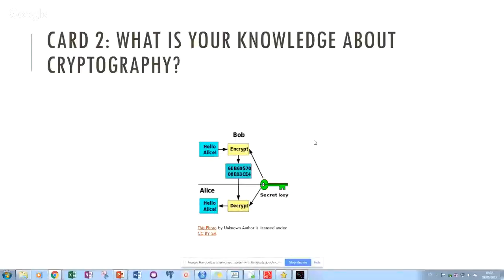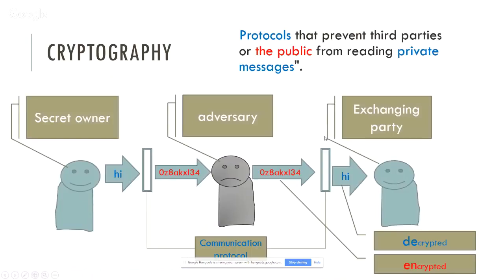Okay, let's move on with this little theory. Cryptography basically lets us change the way our communication looks and make it illegible for an adversary.